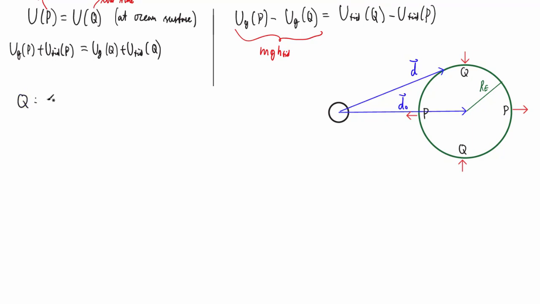So at the point Q, D is going to be equal to the square root of D naught squared plus the radius of the Earth squared. That's the distance from there to there. And at the point P, D is just D naught plus or minus the radius of the Earth.